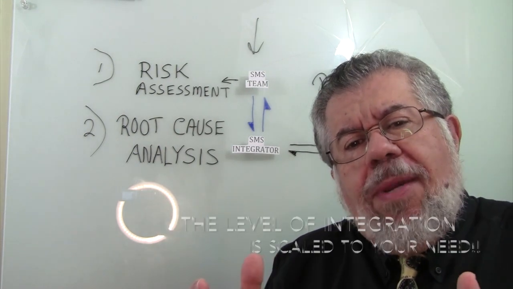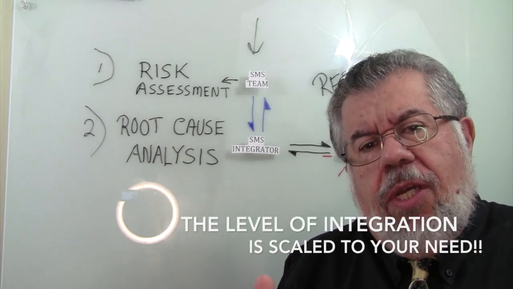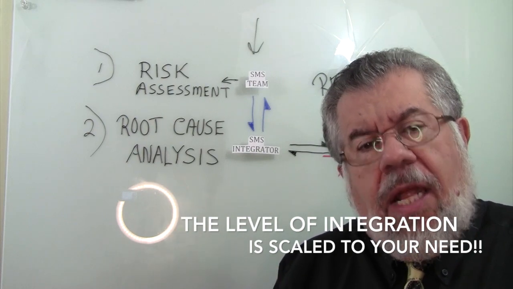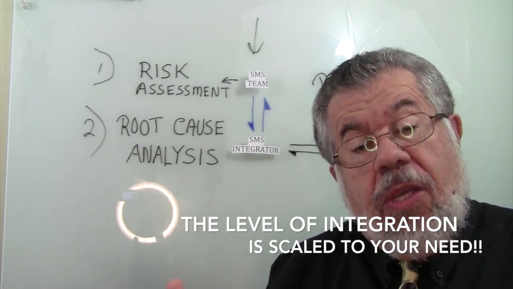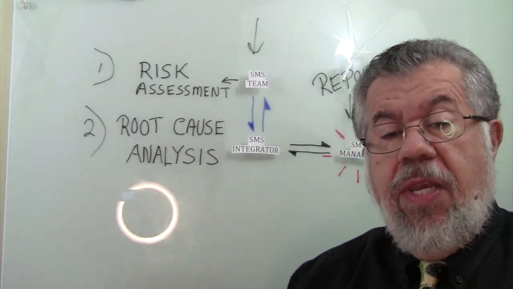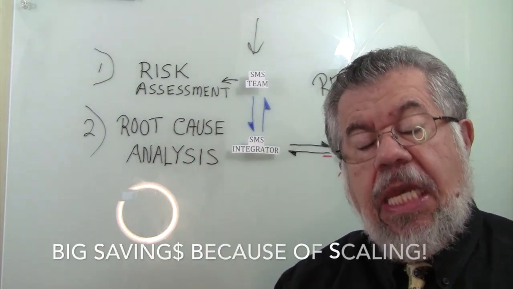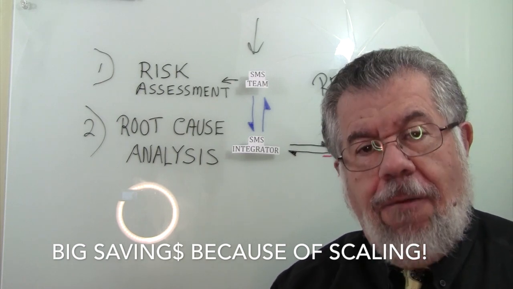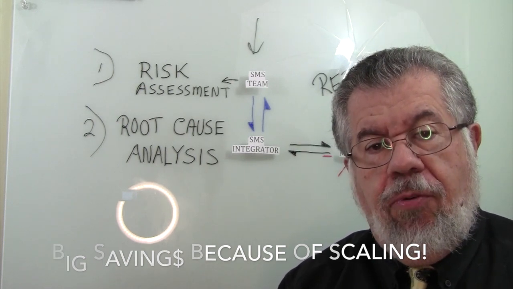So to determine the level of integration in your company, this can be scaled to your company. Again, because it's scaled and you still have your SMS Manager, there's a tremendous savings in providing this function to help your system to continuously improve.